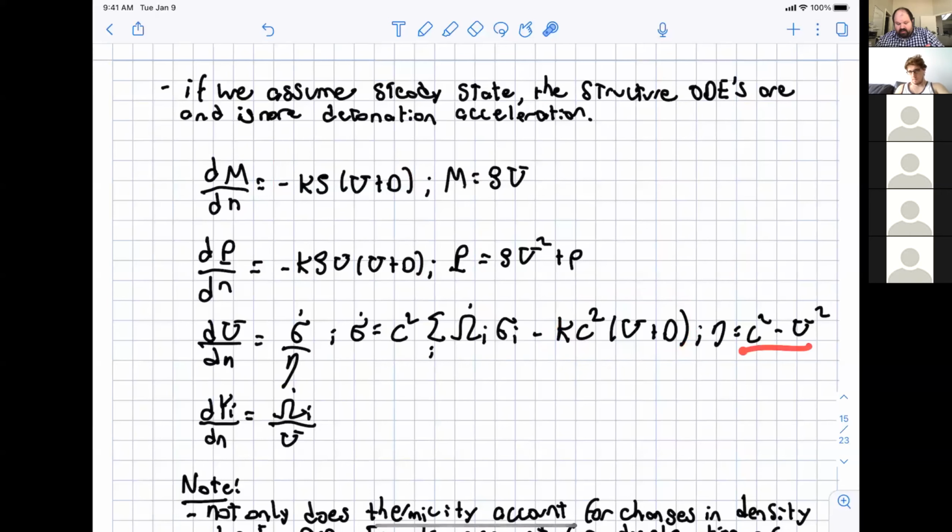Okay, and then eta is the same, and the change of the mass fraction is the same, with the exception of these curvature terms. These equations here are identical to the planar versions. And so if you set kappa equal to 0, you recover the planar version. That is a good sanity check on our theory, that it at least works for the major limiting case that we care about.